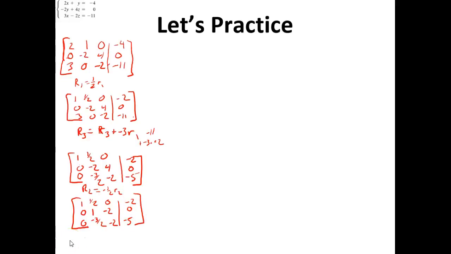From here, what I'm going to do, I'm going to focus on trying to get this a 0. So I got this a 1. Now below it, I want zeros. So to do that, I'm going to take R3 and I'm going to replace it with R3, that row, plus 1 times what would be negative 3/2?